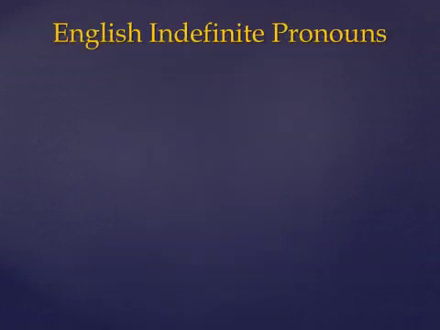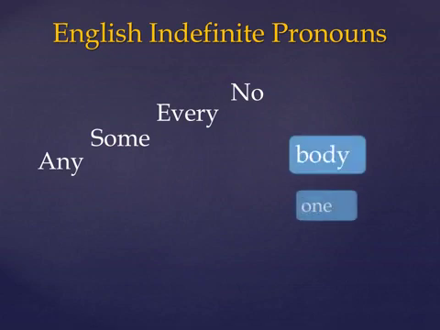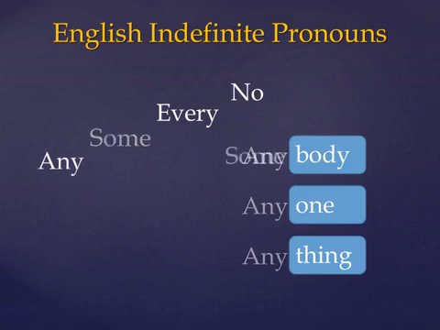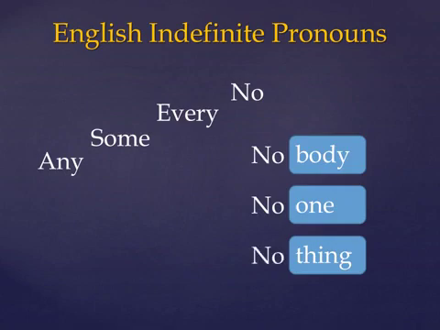In English, they can be made by placing the words any, some, every or no as prefixes to the words body, one and thing. So we get anybody, anyone, anything or somebody, someone, something, everybody, everyone, everything, or nobody, no one, and nothing.